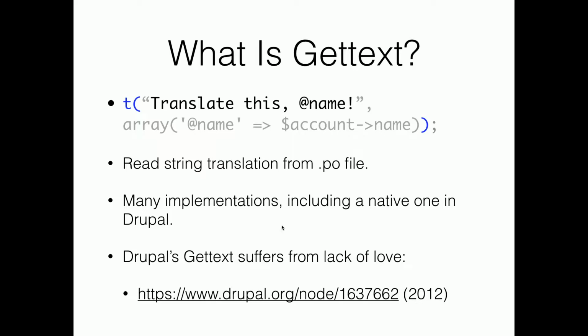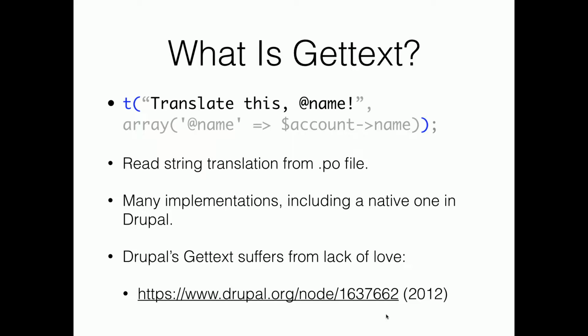There's a lot of implementations of gettext, including the native one in Drupal, and if you look at this issue right here, you'll see that gettext suffers from a little bit of lack of love in Drupal. This issue is from 2012. It really hasn't been updated. It says, what are we going to do about this? And I'm not saying this in order to pick on gettext. I want to be very clear. There's people who are in charge of the translation system and who are doing multilingual stuff.